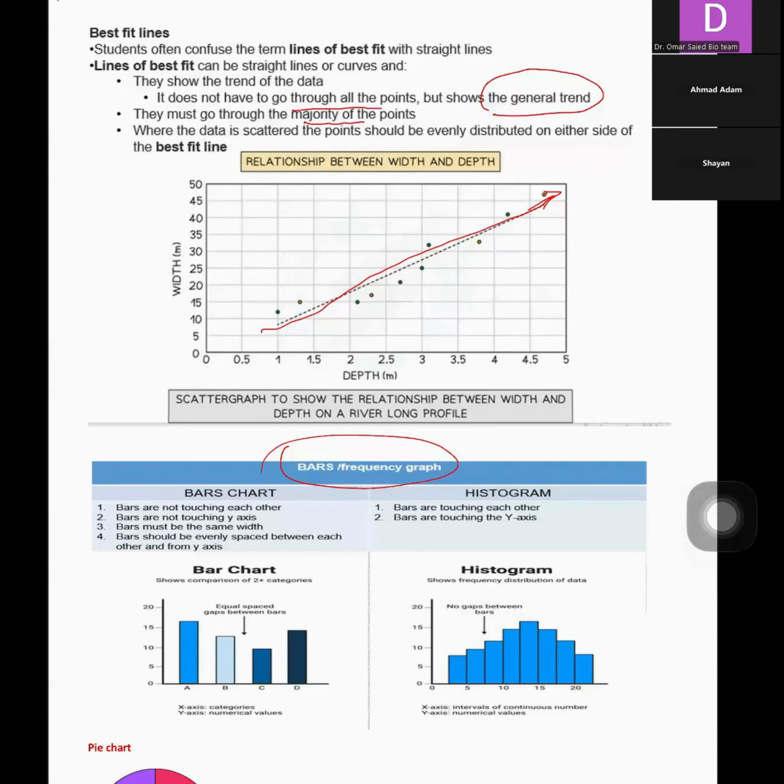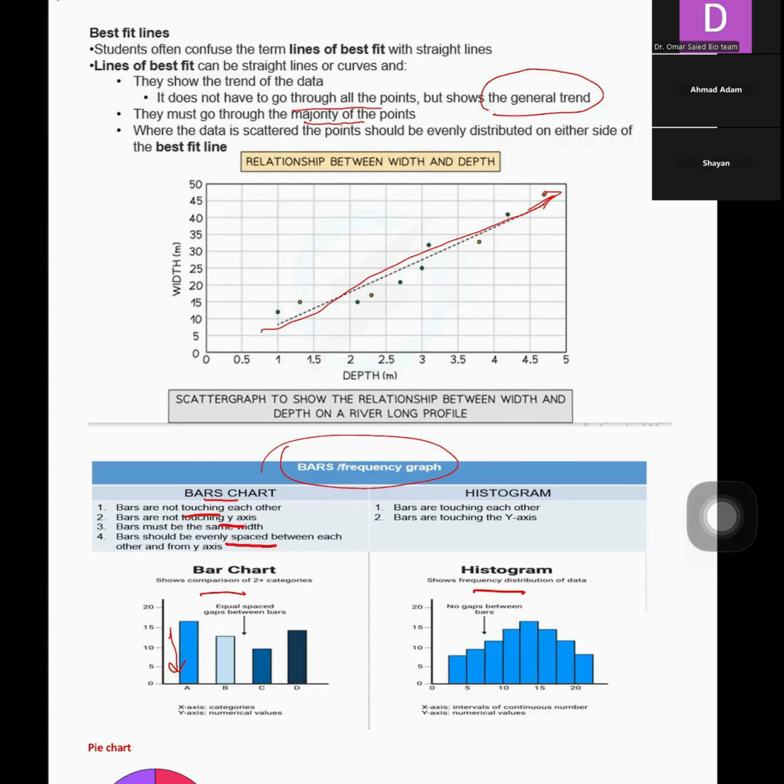It doesn't come as a graph all the time. Sometimes it comes as a bar chart or histogram. It is very important to understand the difference between a bar chart and a histogram. First of all, in a bar chart, bars are not touching each other. Bars are not touching the y-axis. Bars should be evenly spaced.